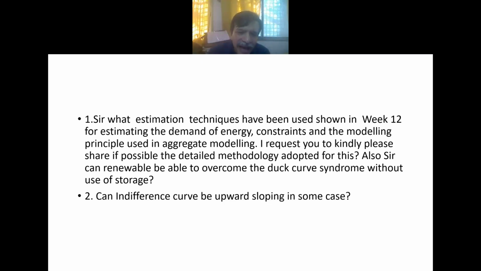So the net aggregate requirement, which is to be supplied by thermal and the other sources in the system, has to suddenly ramp up, and this shows basically like a duck curve.